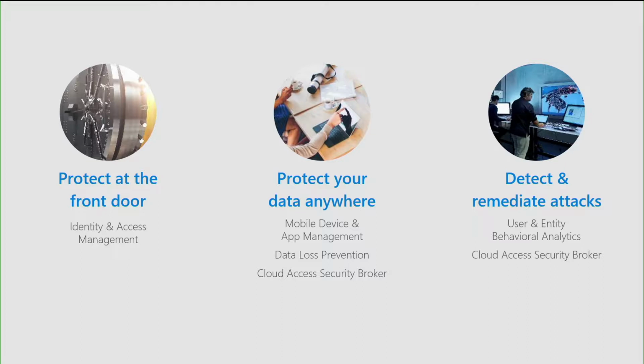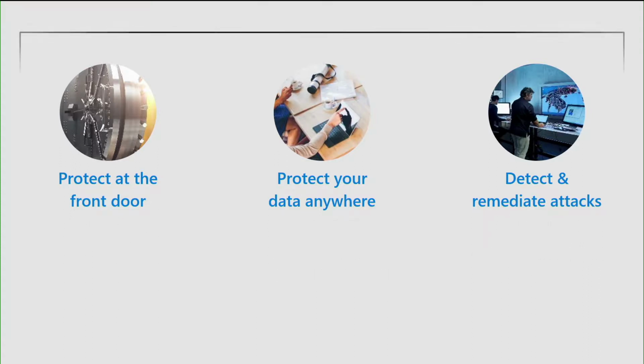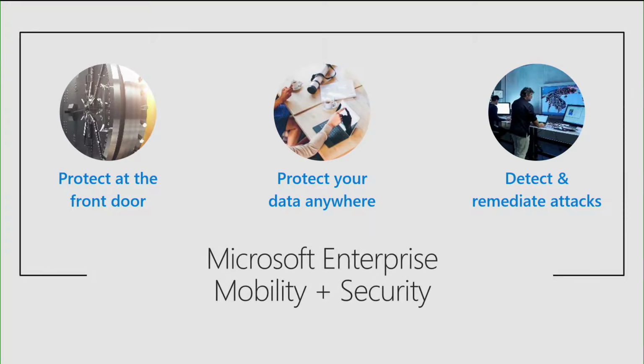We use sophisticated and advanced technologies for identifying these attackers, on-premises and in the cloud. And we call all of this Microsoft Enterprise Mobility and Security, which is a single suite that provides that holistic, identity-driven security to protect your identities, devices, applications, and data, both on-premises and in the cloud.